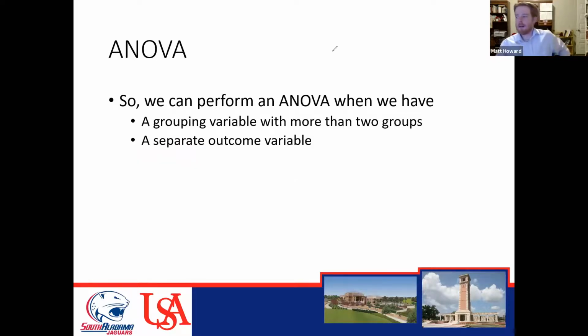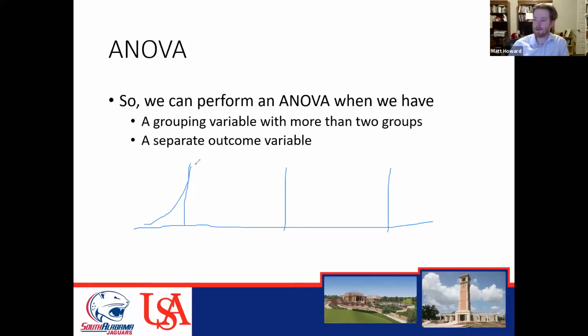Okay. So therefore, we can perform an ANOVA when we have a grouping variable with more than two groups and a separate outcome variable. And I'll give a very quick visual demonstration again, just to make sure that y'all understand how an ANOVA works. As an ANOVA would be used, let's say we have different groups and we want to compare their means. We might have three different groups and their distributions might look like that. An ANOVA would tell us whether overall, is there a significant difference in the means of these groups?